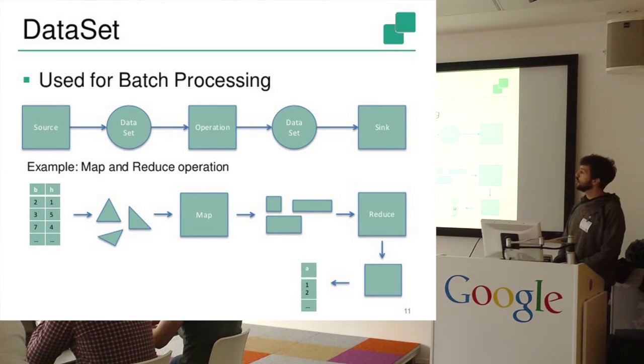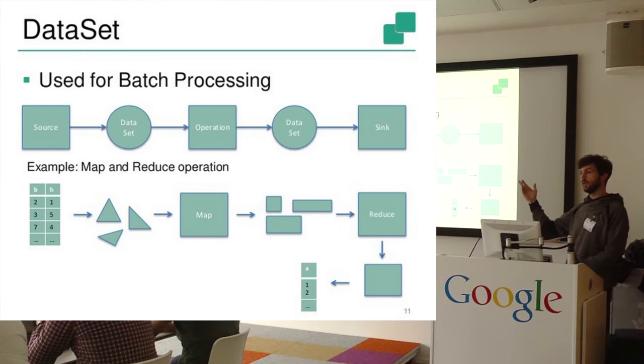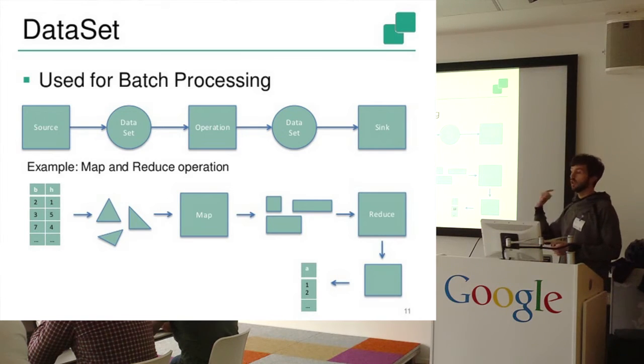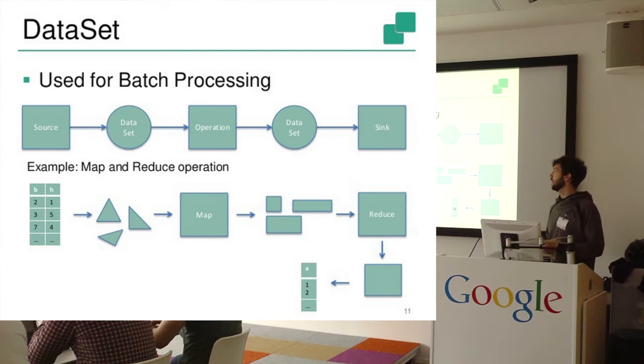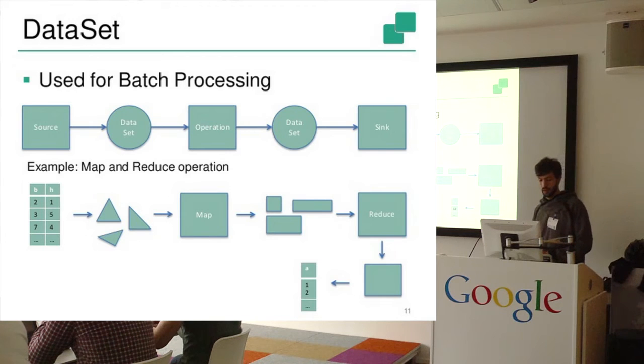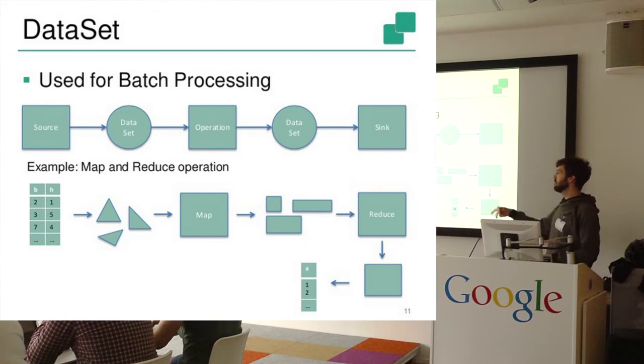It works around the notion of a dataset, and a dataset is a parallel collection which you can bootstrap from a source, which can be a file or reading from a database, for example. Then you perform a series of operations which always result in a new dataset. And eventually you define a sink in your program which outputs the data again to some file or database or Kafka or anything.